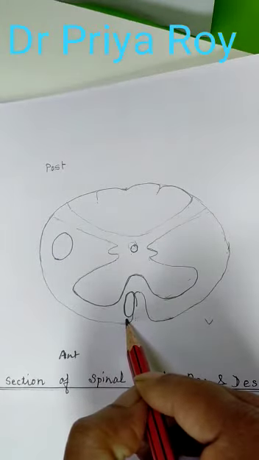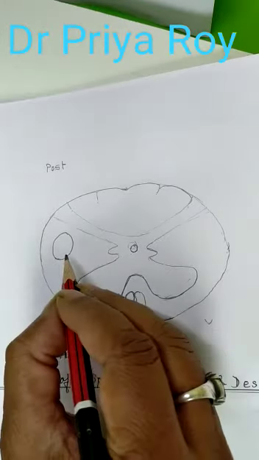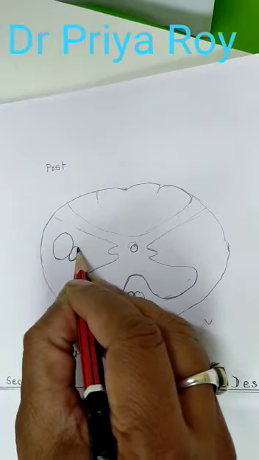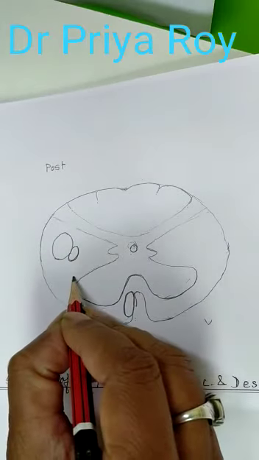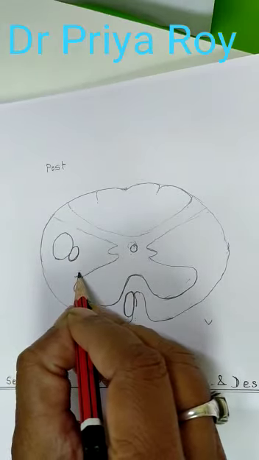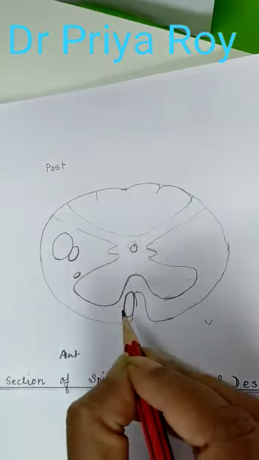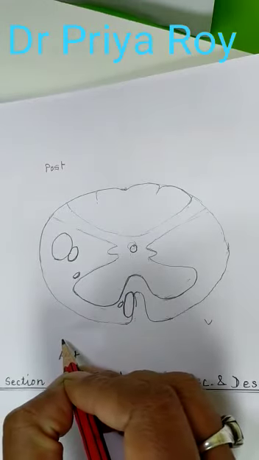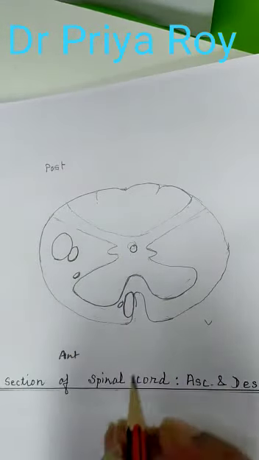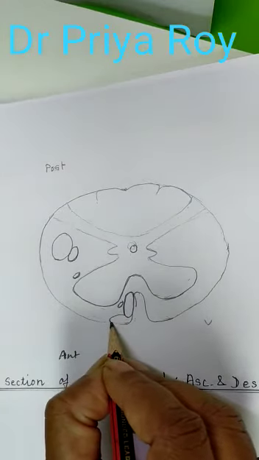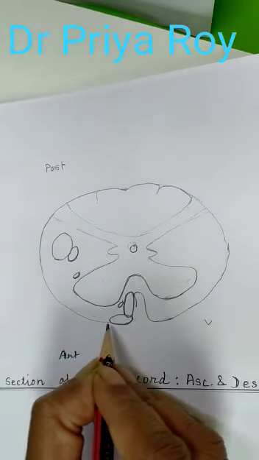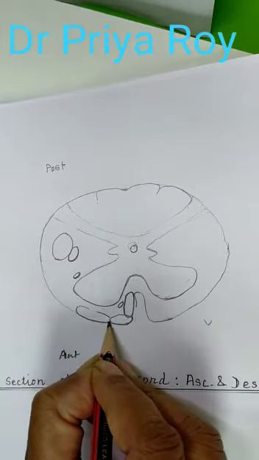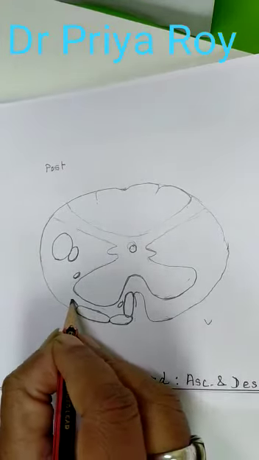Now coming to the extrapyramidal tracts, one is the rubrospinal, which is also in the lateral column, so I have drawn it here. The next are the medial and lateral reticulospinal tracts, then the tectospinal here, and the vestibulospinal and olivospinal.